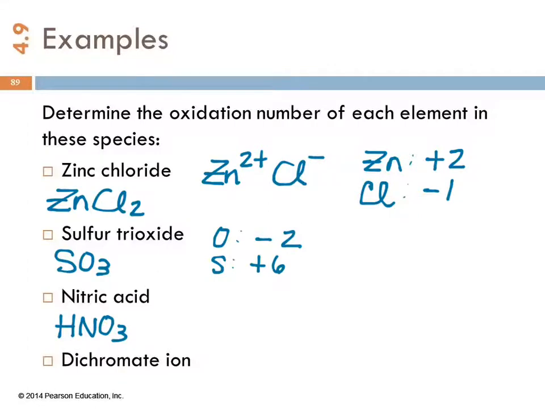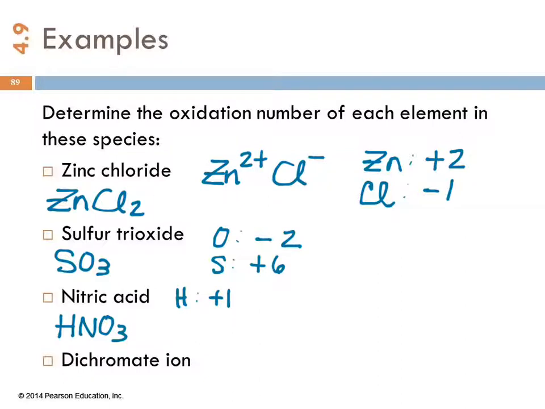And anytime you have a polyatomic ion, things get a little interesting. So here we have 3 elements, and they're all nonmetals, so we need to go down our table. What's first? Of these, hydrogen is first. The table went fluorine, hydrogen, and hydrogen gets what oxidation number? +1.